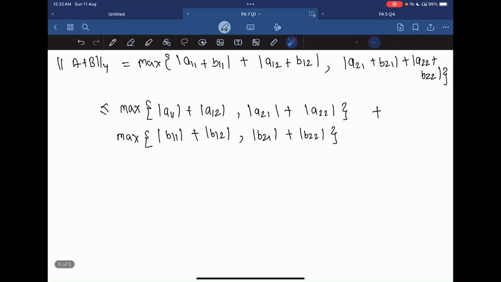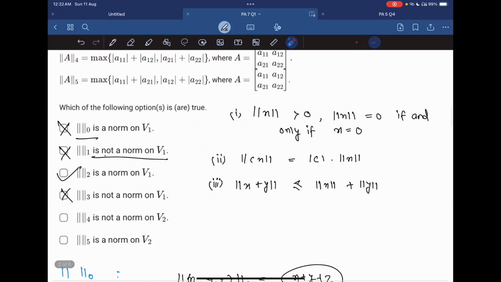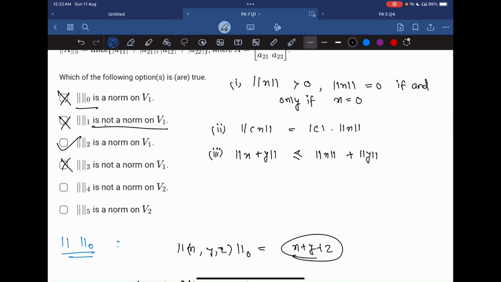So the triangle inequality is satisfied, and the other two are also satisfied, so this function is classified as a norm. But the option says it is not a norm, so this option is incorrect.